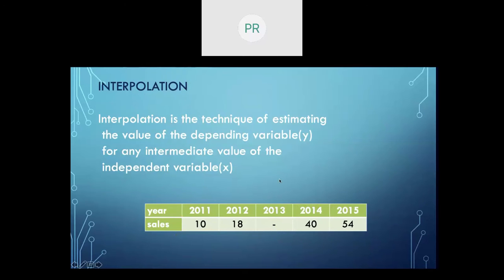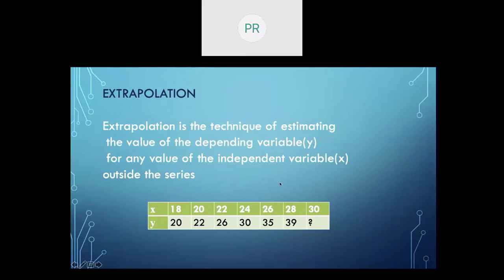Now coming to the next case, extrapolation. Extrapolation is a technique of estimating the value of the same dependent variable, but the value should be in the extreme, that is outside the series. And when I say outside the series, it can be either in the last value or even in the beginning of the series.